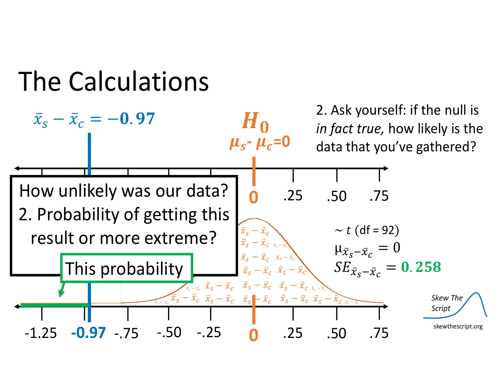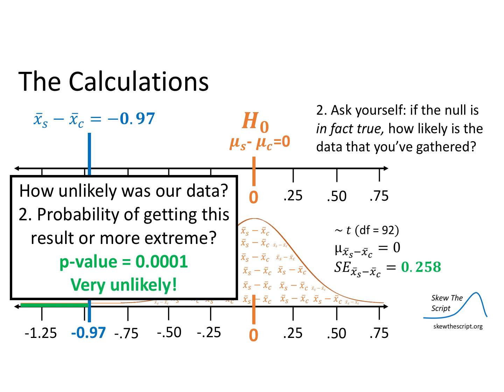So the probability of being equal to or less than 0.97 away. Remember, this can be done in the calculator, and you can see that on your 4-step process page. But we will get a p-value of 0.0001, which is extremely low. Remember, we typically compare our p-value to our alpha level of 0.05. So compared to 0.05, we have a very small p-value. That means it is very unlikely.